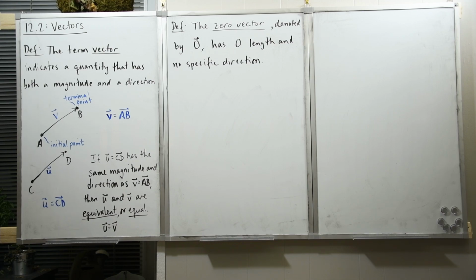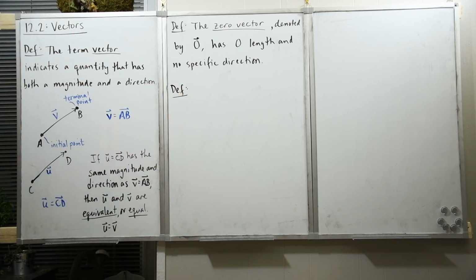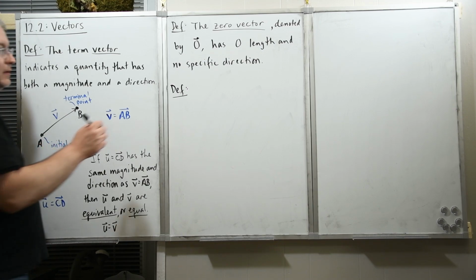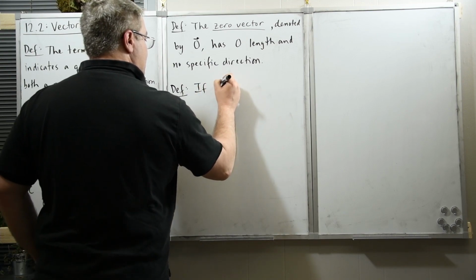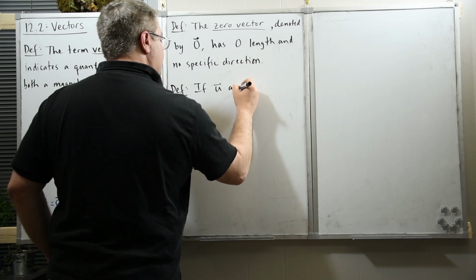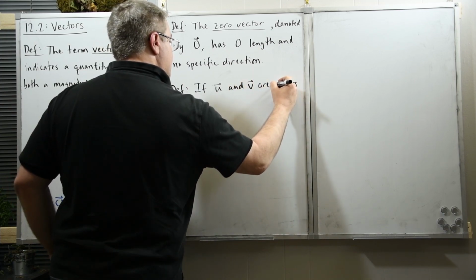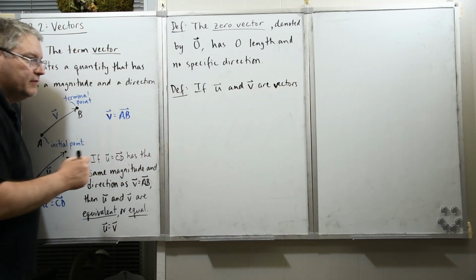All right. Now, next definition. Let's suppose we have u and v are vectors. So once again, u and v are vectors.